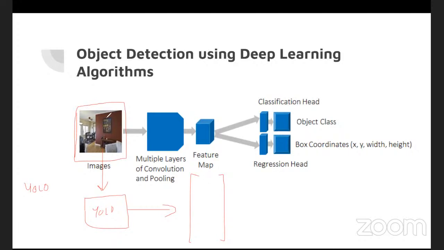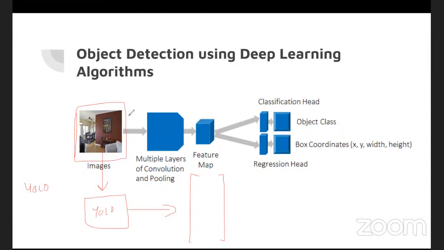For example, last time we saw that RCNN divided the image into smaller parts and then performed object classification and bounding box regression, and it gave us the object classification and the coordinates of the bounding box enclosing that object. Now in terms of YOLO, the image is not divided into different regions.